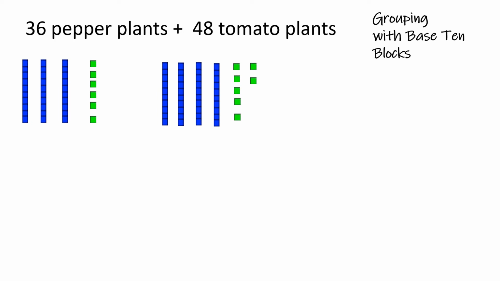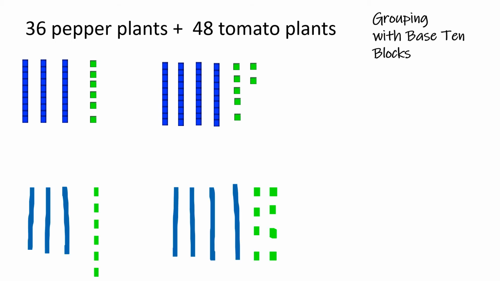So you may have gone to your tools and used those to put your base 10 blocks together. This is what they would have looked like from your toolbox. Or you may have done the same thing, but instead you used a quick draw of your blocks that might have looked something like this.